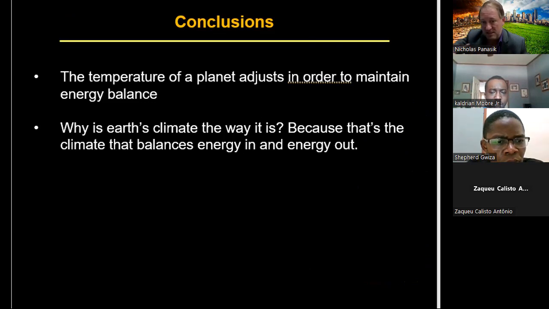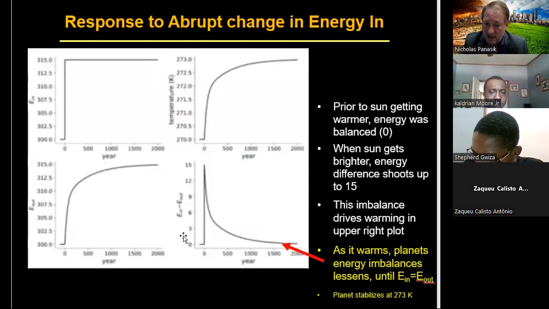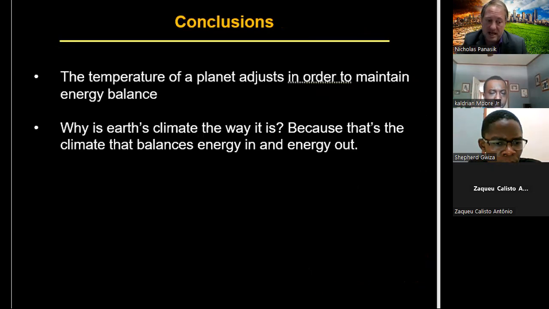And if we're changing, it's because we're trying to meet that new balance. And as you can see from some of these, it takes a while. There's an initial quick change as you warm up the mix layer, but then a more gradual change, still a change that takes place over thousands of years as you do the deep ocean.